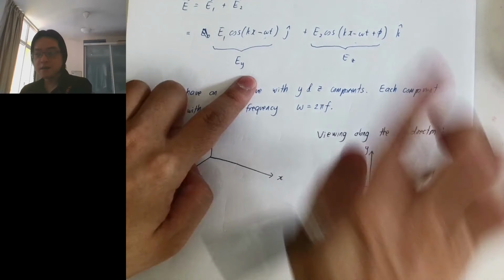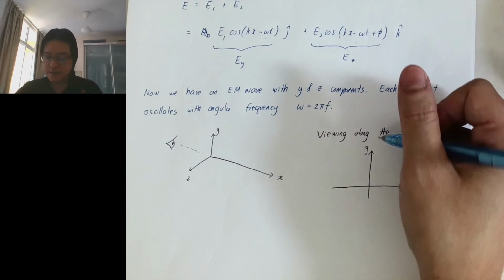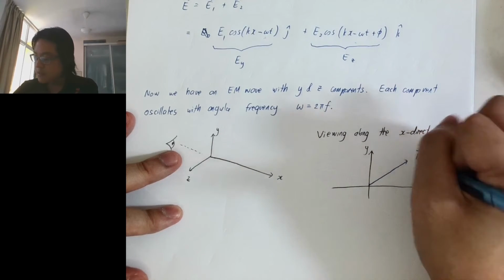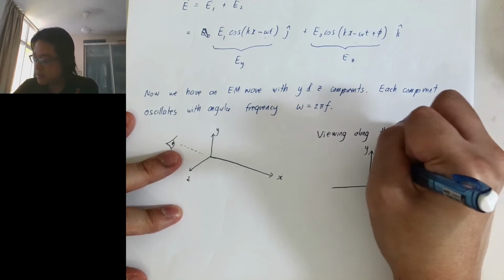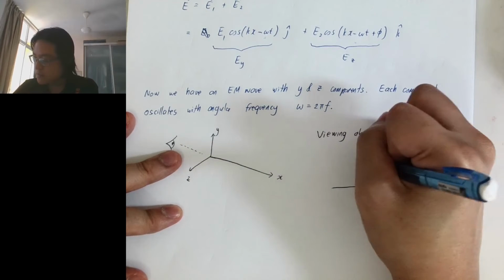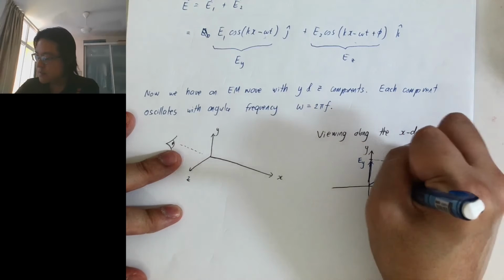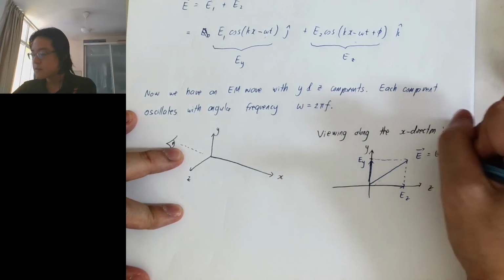The vector has a y component and a z component. So I have this vector E, with a z component and a y component. So this is E1 plus E2. E1 plus E2 gives me the total vector.